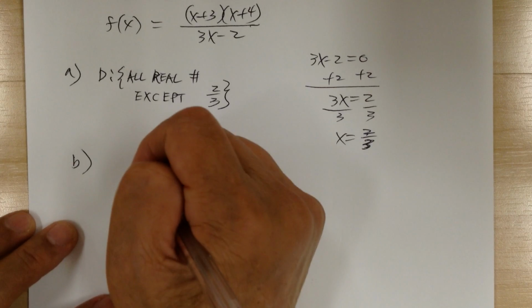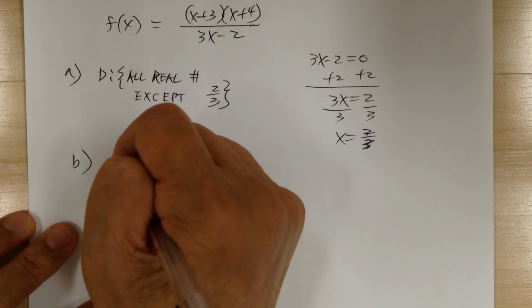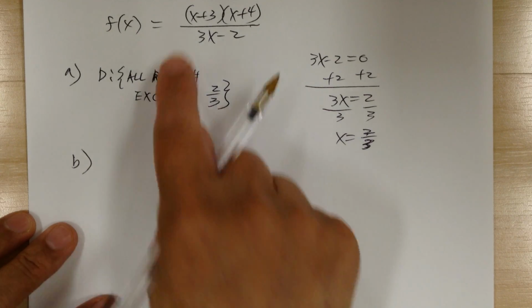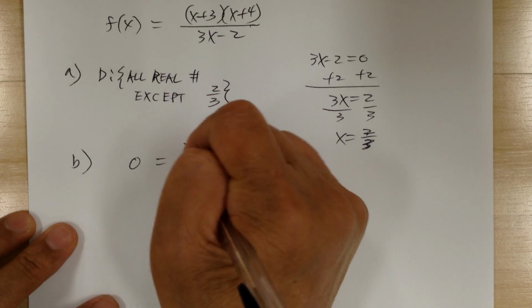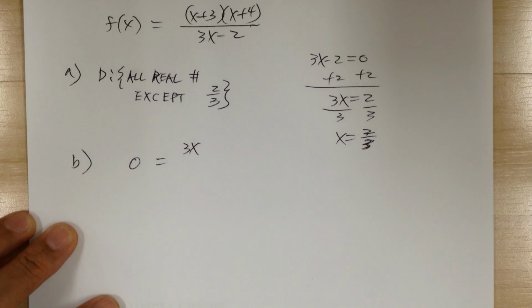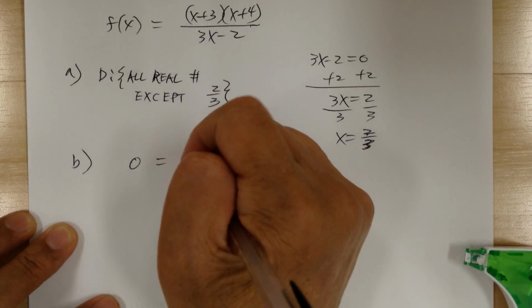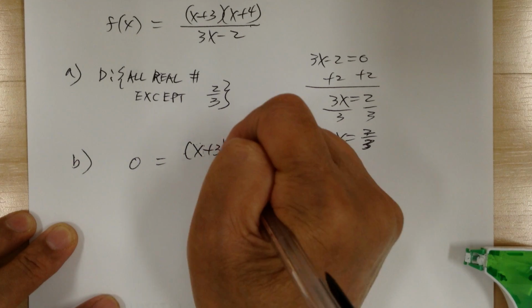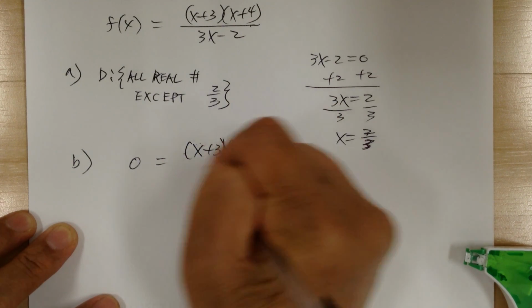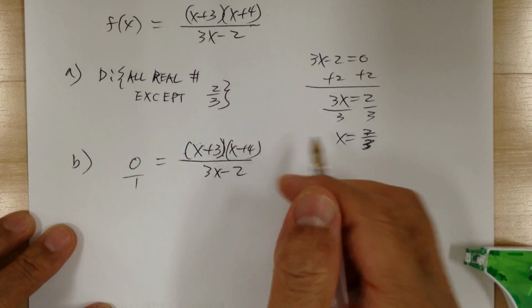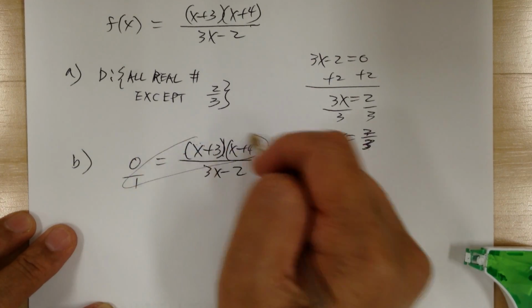Okay, for part B, you're looking for the zeros. Okay, so when you're looking for zeros, you just set this equal to 0. Okay, so put it over 1. So cross multiply.